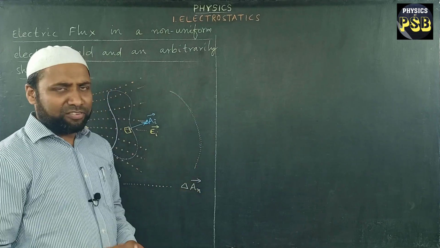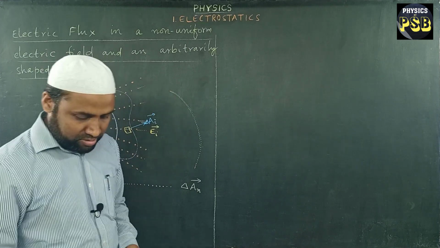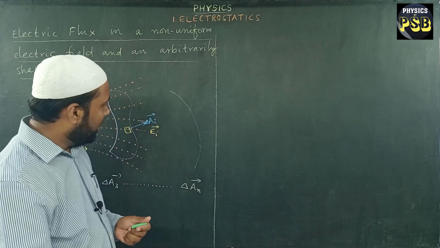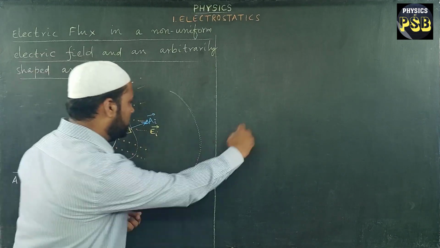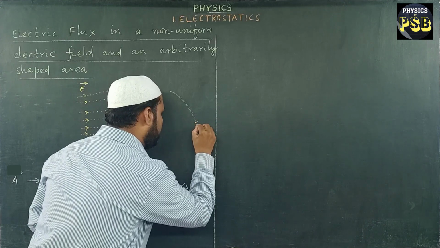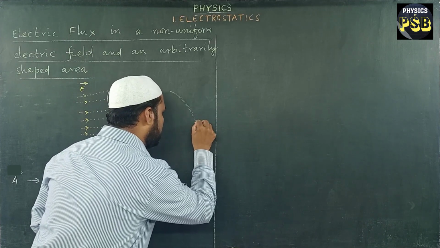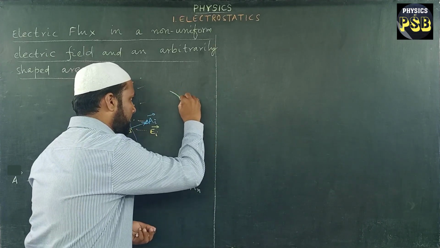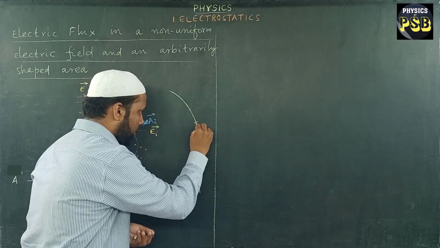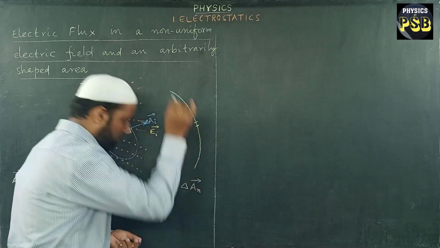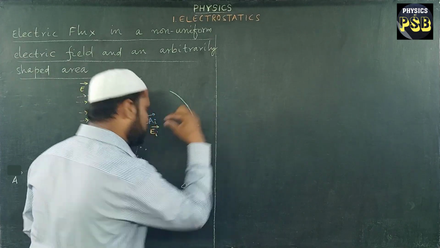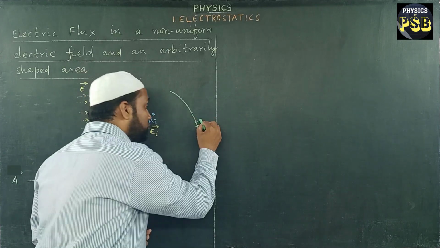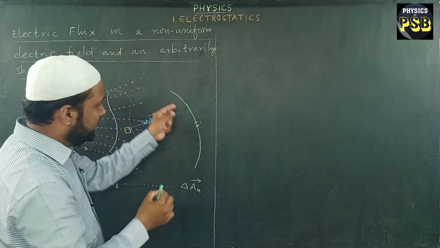In this kind of curved surface, if I divide this into a large number of small segments, and I take one such very small segment here, if you look at this small segment, you will find it appears to be straight. It is not curved here.